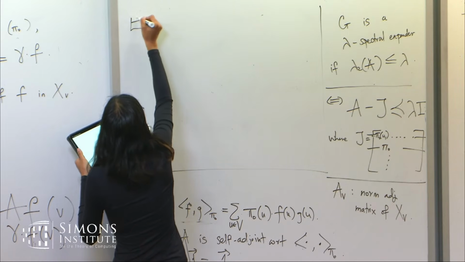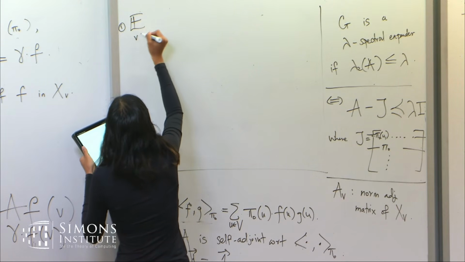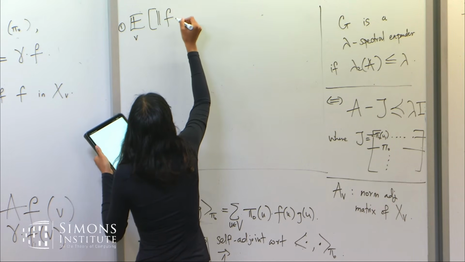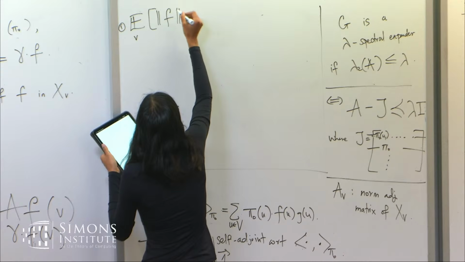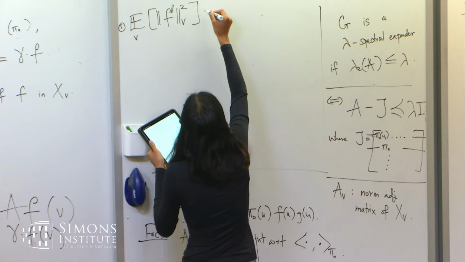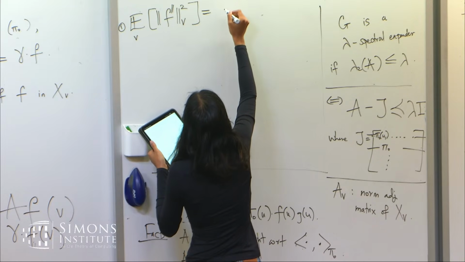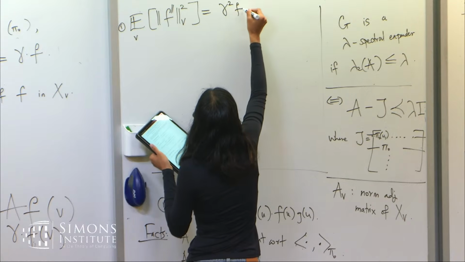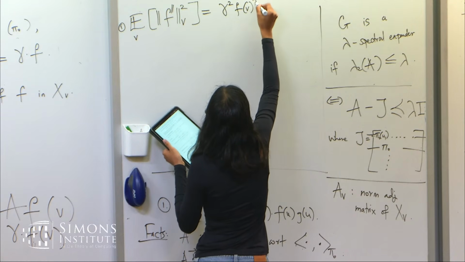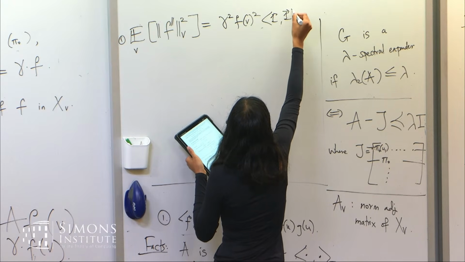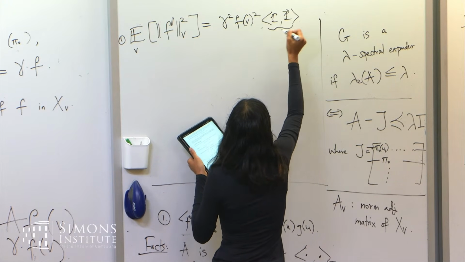So firstly, we have that the expectation over V of the norm of F_V parallel squared is just going to be gamma squared times the norm of F_V squared, which is just 1.